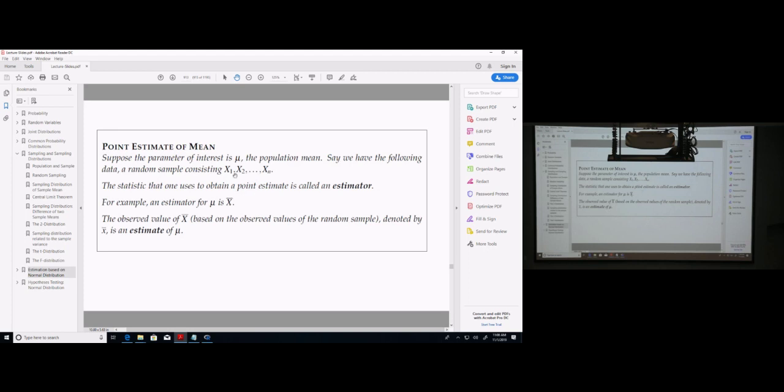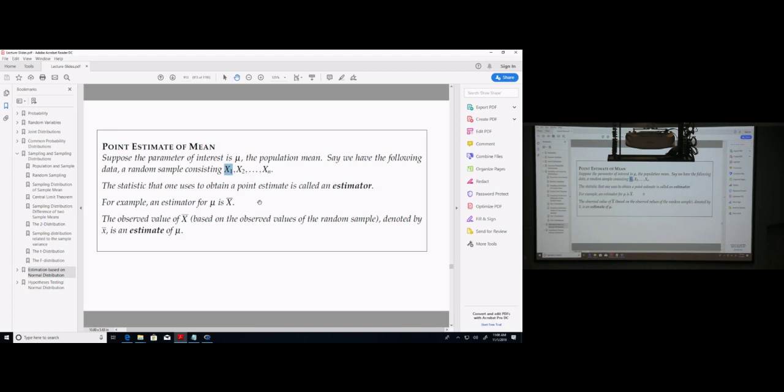Now, of course, you can also just use, for the sake of argument, the first number to estimate the mean mu, ignoring the other n-1 numbers. But of course, this is not a sensible thing, because if you only use one and ignore the others, why should you collect the others in the first place, right? Or you can just take the average of a few of them, not the entire average.